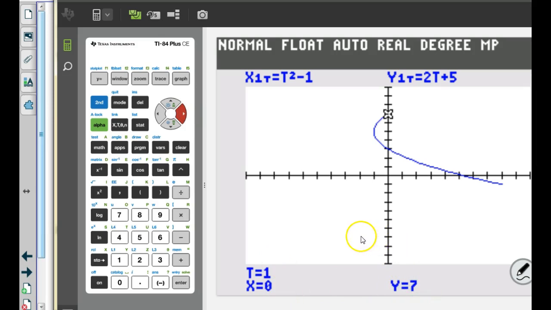Good, Chadwick? Is the trace working or not? No. Okay.